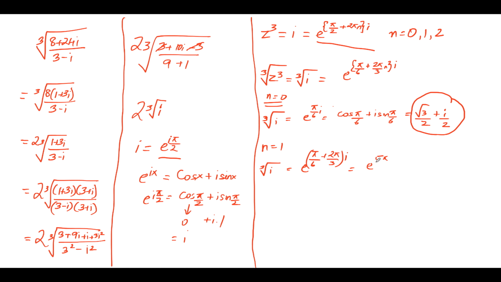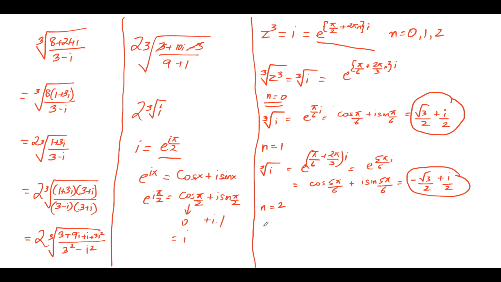That is cos of 5 pi by 6 plus i sine 5 pi by 6, which works out to be minus root 3 by 2 plus i by 2. This is the second root for the cube root of i, because we are still yet to multiply these roots with 2.